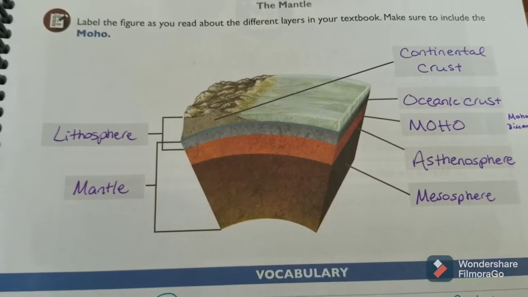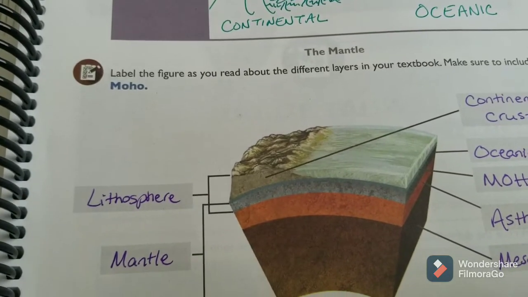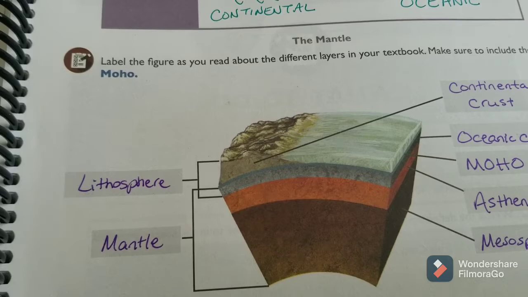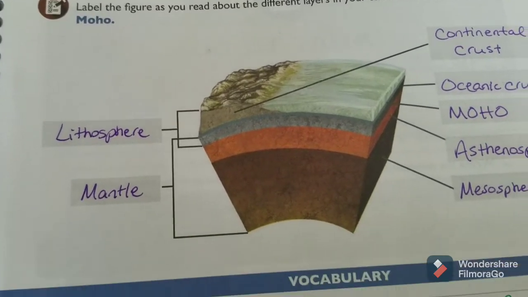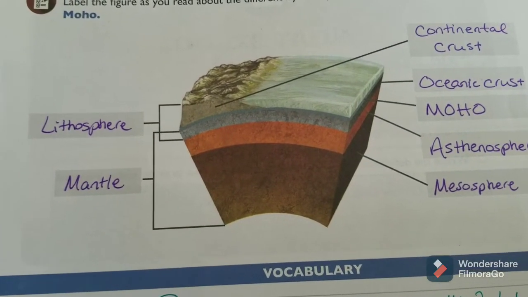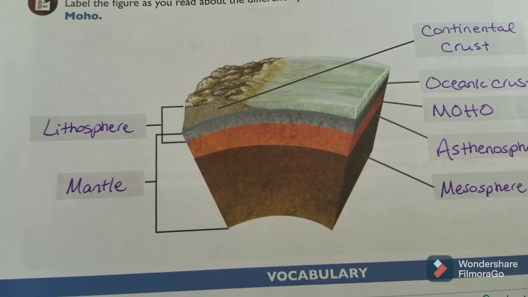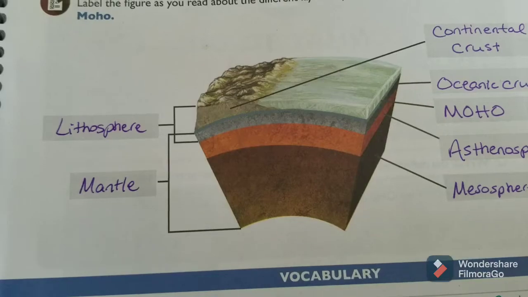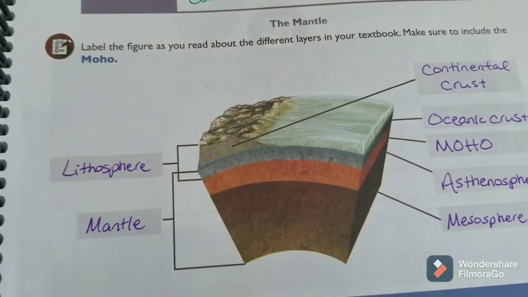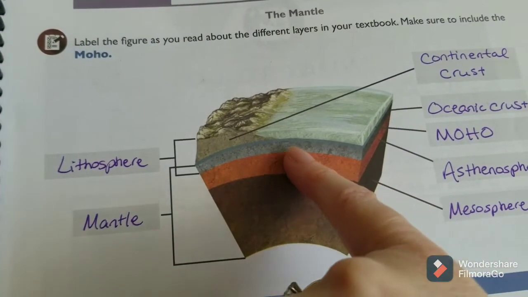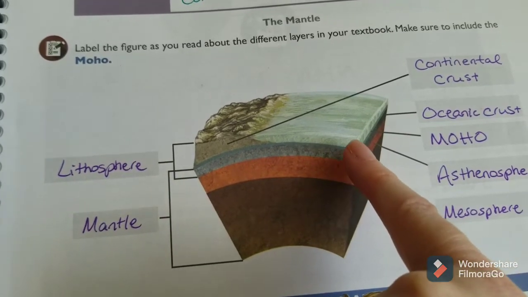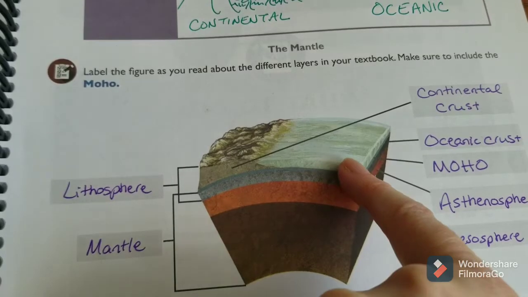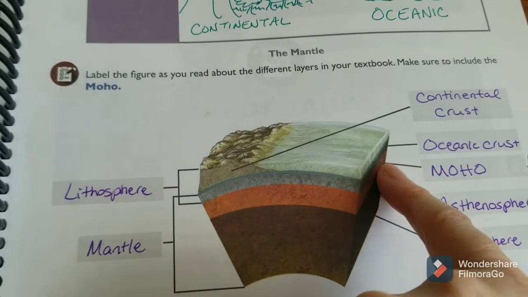The moho is actually short for Mohorovičic discontinuity. And they shorten it to moho, thankfully. And that moho is the dividing line between the crust and the mantle. Okay, so the crust, the mantle, and the moho is right between them.